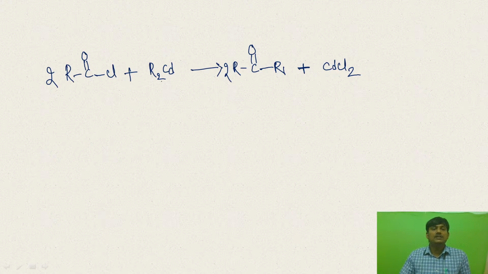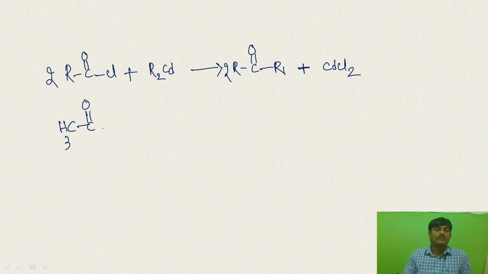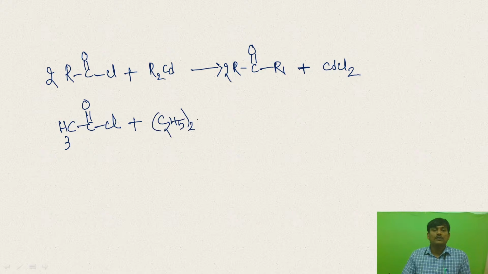Okay, by changing the alkyl group we can prepare different ketones. Let's take CH3COCl. This one is acyl chloride, and when you treat with (C2H5)2Cd, diethyl cadmium, here in place of chlorine there is a substitution of ethyl group.